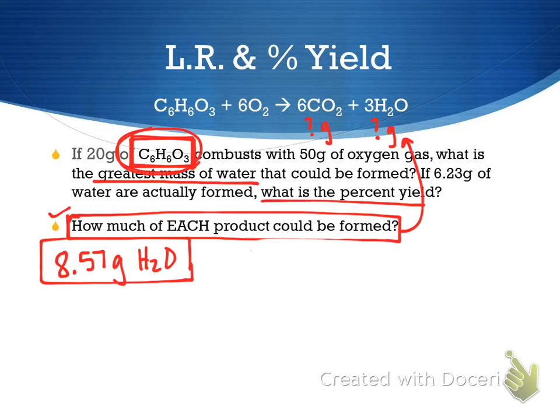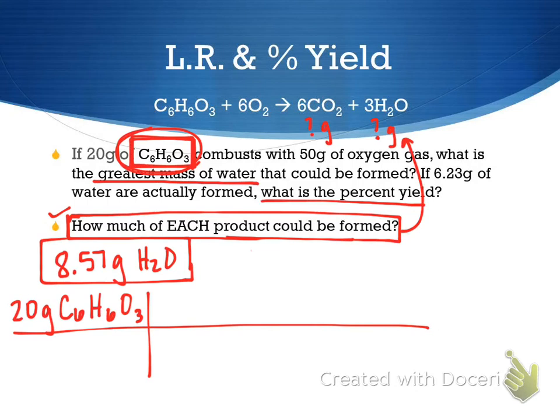To find the mass of our other product that can be formed, we have to do another T-chart, and we'll go from our starting amount of our limiting reactant to our other product. We already answered one of these questions, so we don't have to do the T-chart for that. But we do need to go from grams of our limiting reactant to grams of CO2.